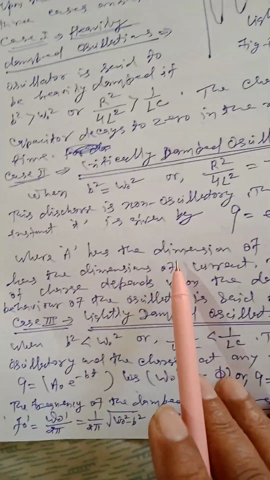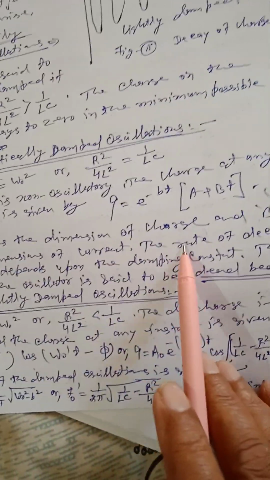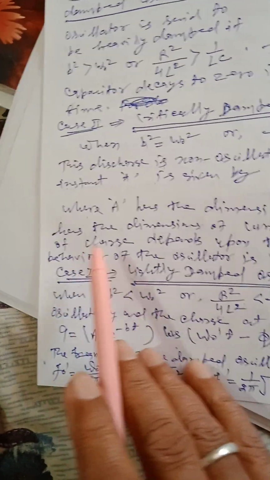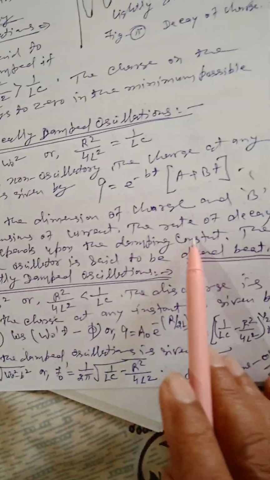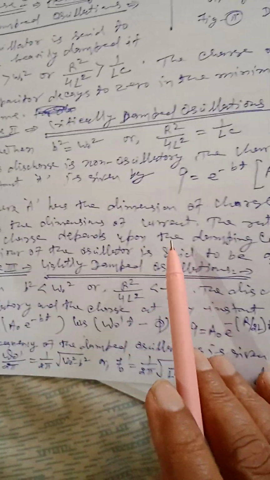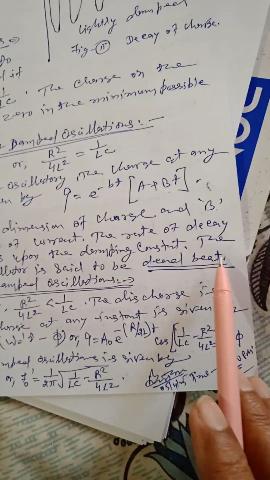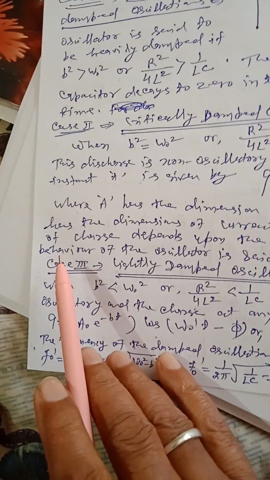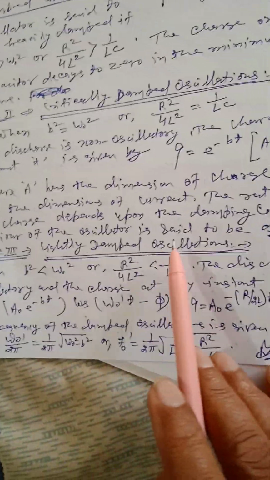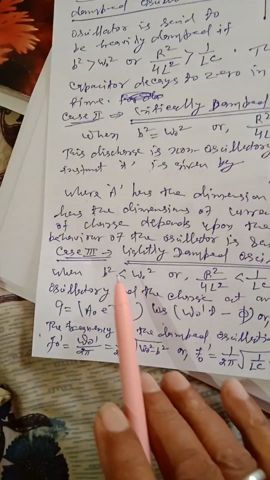Here a has the dimension of charge and b has the dimension of current. The rate of decay of charge depends upon the damping constant. The behavior of the oscillator is said to be dead beat. We know this as dead beat.